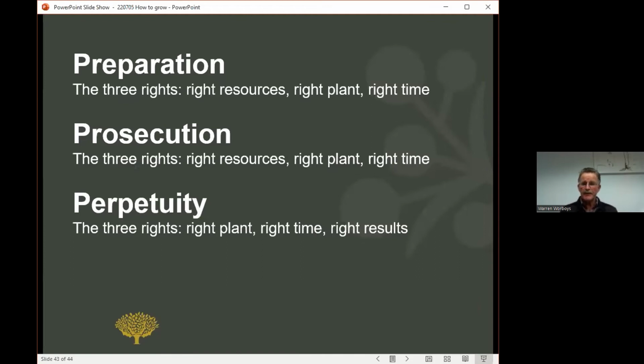So the preparation, if you have got all of the previous items, the planning and so on, if you've done those correctly, then you'll get to the 3 rights for preparation. You'll have the right resources, you'll get the right plants, and you'll be out in the field at the right time. So prosecution, the same situation.